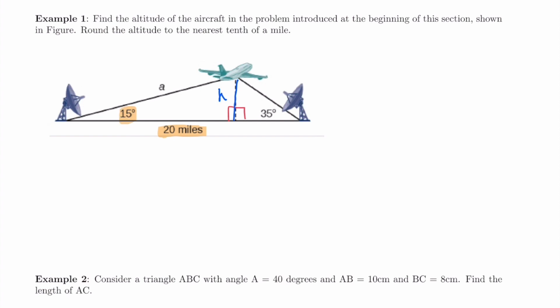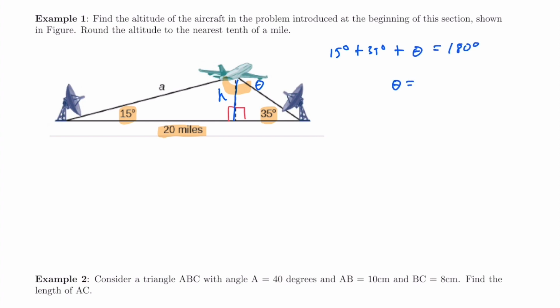And we also know these two angles. But once we know these two angles, we can also find this angle, right? Because adding three angles, 15 degrees plus 35 degrees plus this angle, let's call it theta for now, must give us 180 degrees.